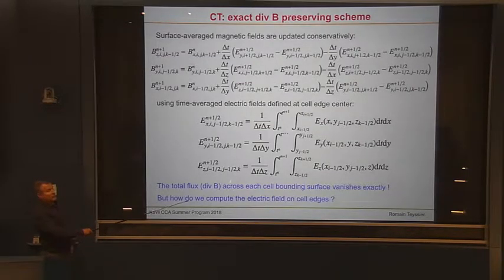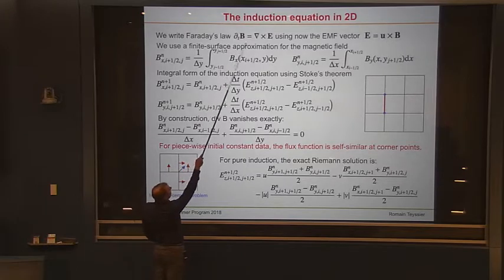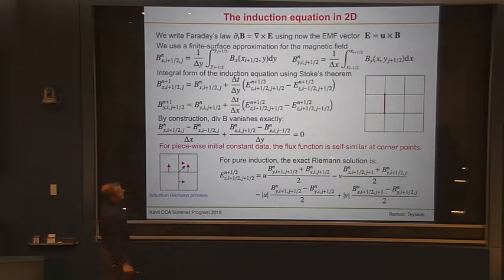The catch, of course, the big catch, is how do you compute this electric field? That's not easy, and there is a price to pay, as you will see in a minute. So let's go back to 2D because it's easier to understand. Let's reformulate everything in 2D. We have our induction equation here, where E is the electromotive force vector.